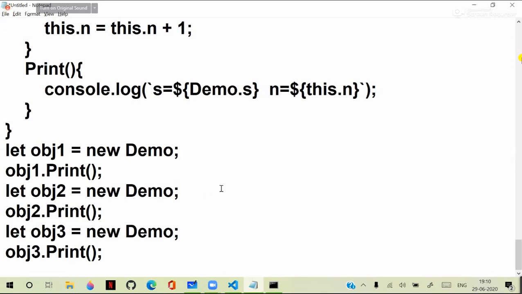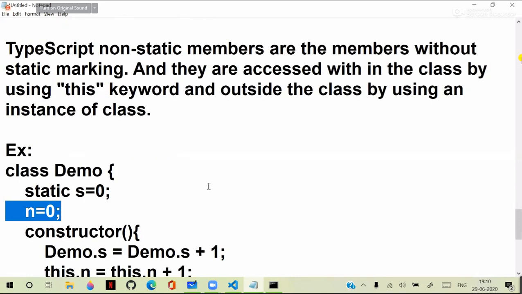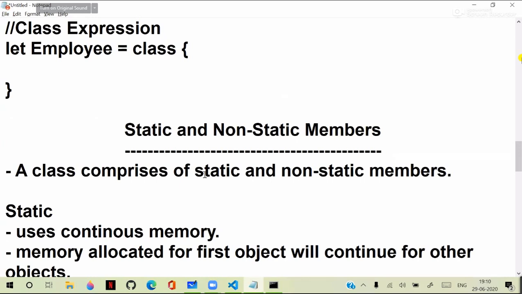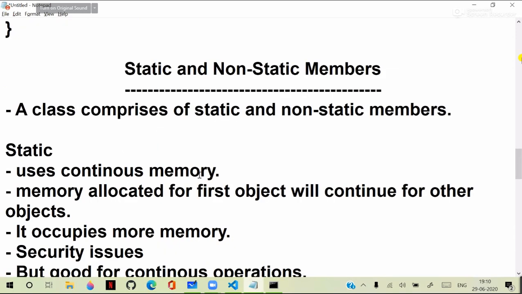That's the basic thing we discussed here. Technically, static members and non-static members. That is the first thing you need to understand. So class declaration and expression and types of members: static members and non-static members.